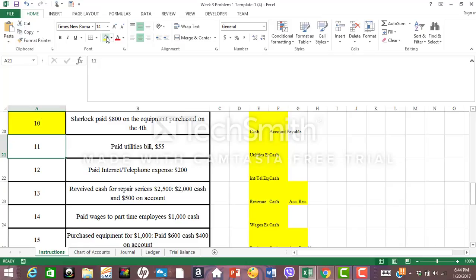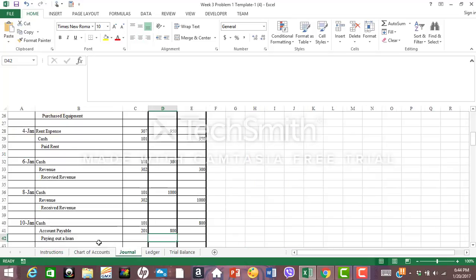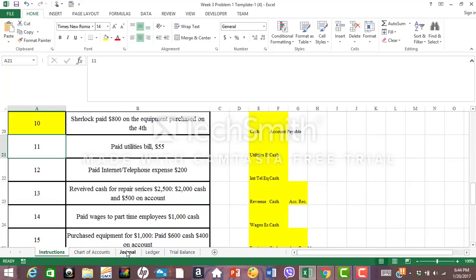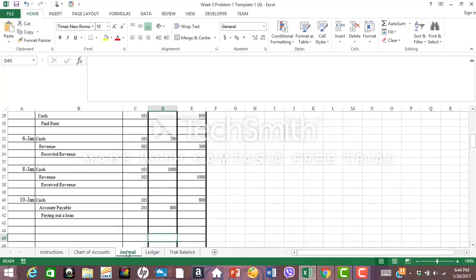The next one is paid utilities bill for $55, and that was on the 11th. Okay, so January 11th. I don't know why it's going there. All right, January 11th, and make sure you leave a line in between.